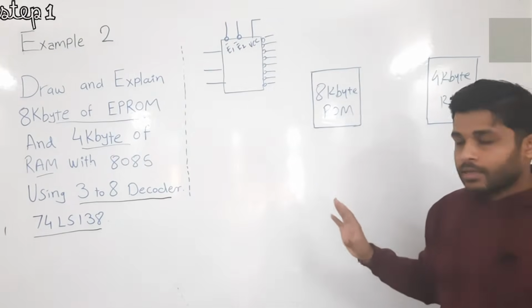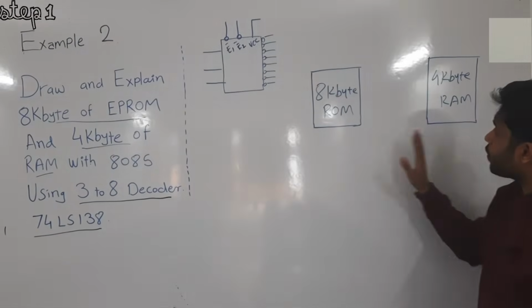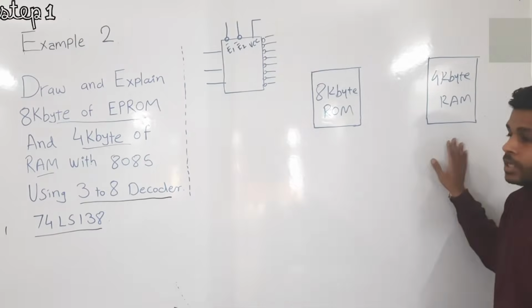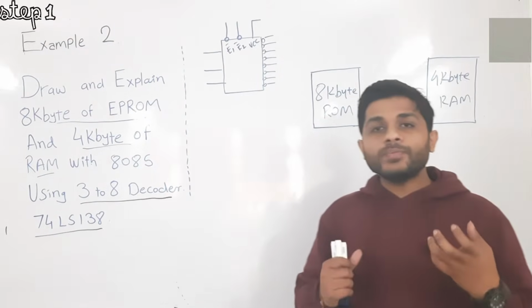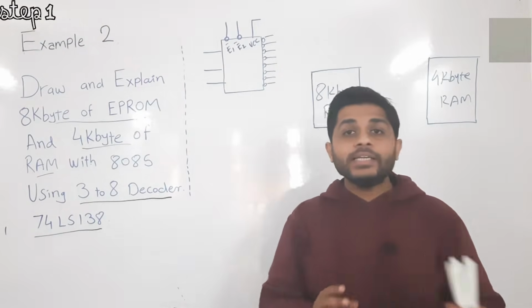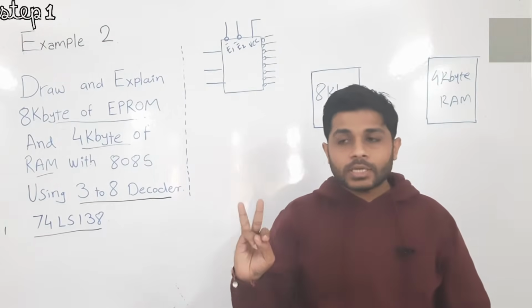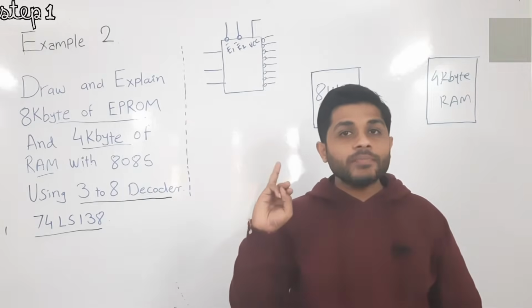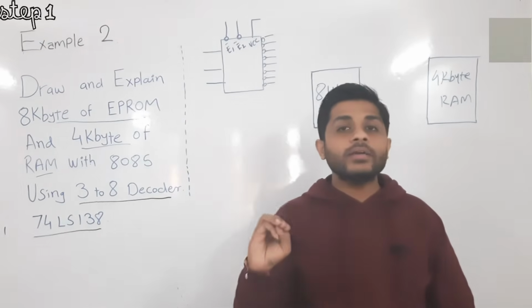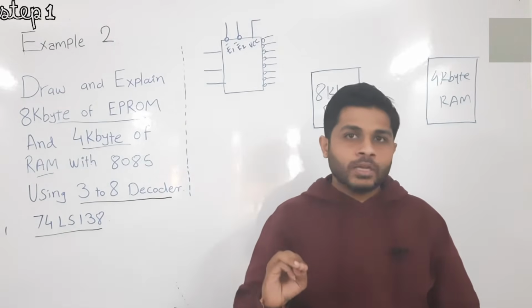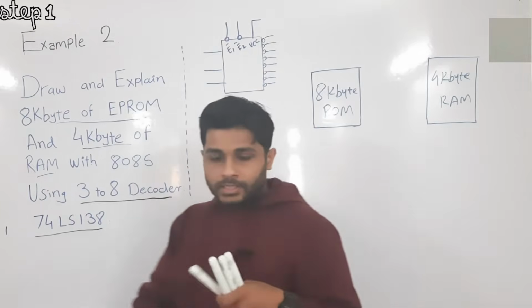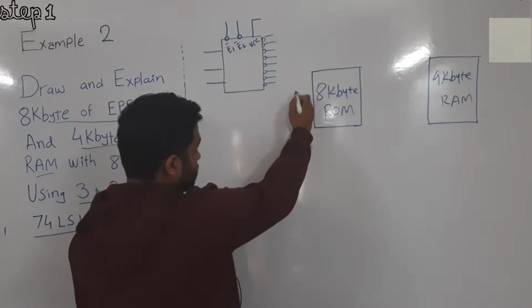Now the memories, 8k byte of ROM and 4k byte of RAM. Any memory which is to be interfaced with the microprocessor has three main connections: there will be an address bus, there will be a data bus, and there will be control signals and chip select. So these two memories will have some address bus.